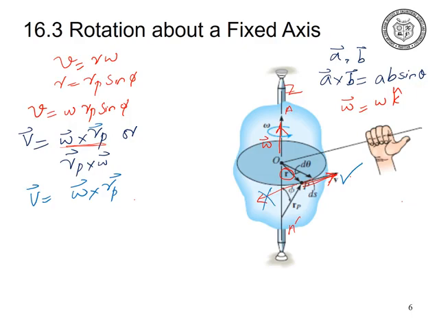So we can simply write the above equation as omega cross r, as r is in the plane of motion. This is the special case in which the position vector r can be chosen for rp. So v equals omega cross r is the velocity for the rotation of a rigid body about a fixed axis.